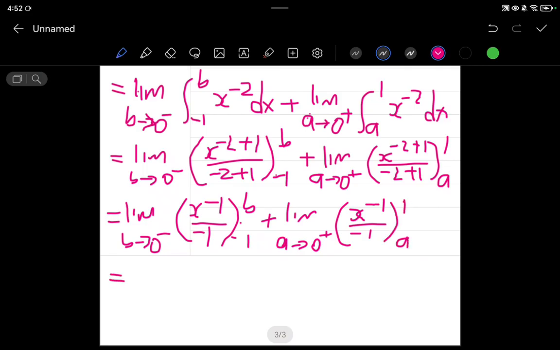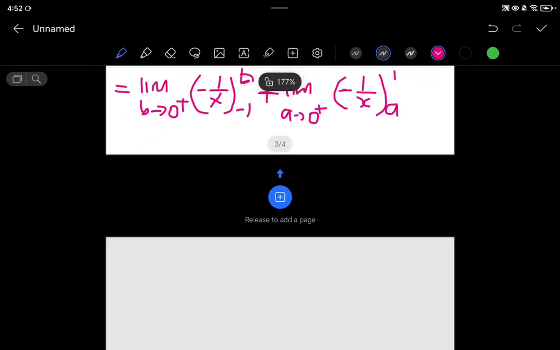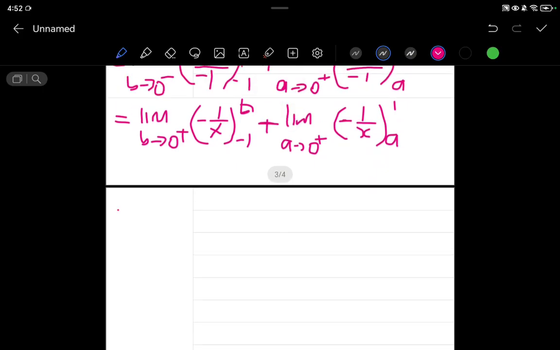Then here we'll get the limit as b approaches 0 from the left of -1 over x, from -1 to b, plus the limit as a approaches 0 from the right of -1 over x, from a to 1. Now I can apply those limits.